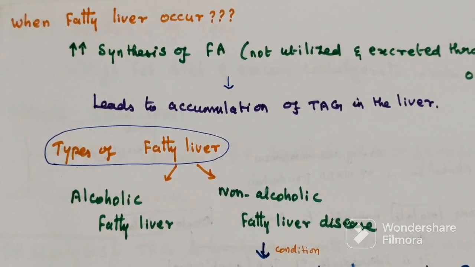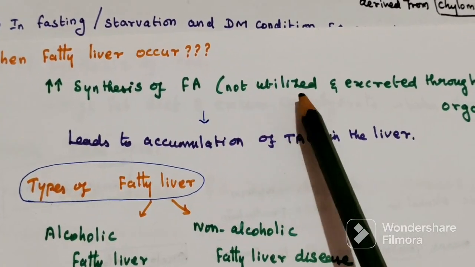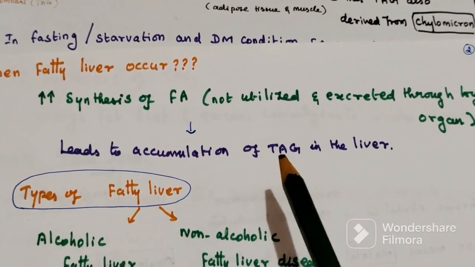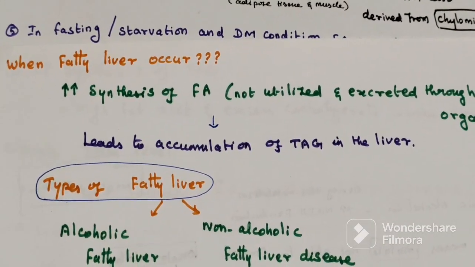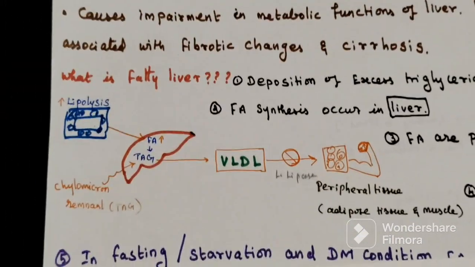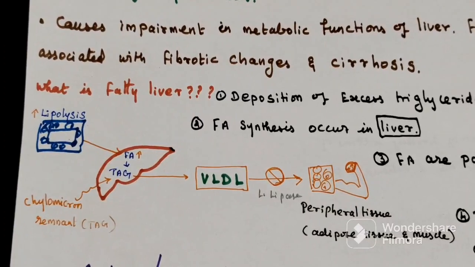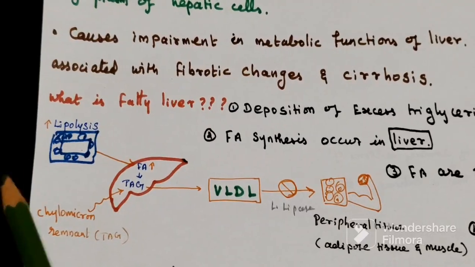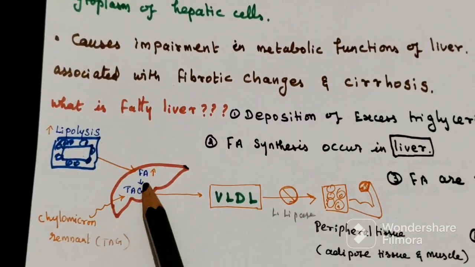Next, when does fatty liver occur? When there is increased synthesis of fatty acid that is not utilized or not excreted, it leads to accumulation of triacylglycerol in the liver. When will it happen? Whenever there is increased lipolysis, the breakdown of triacylglycerol, and more fatty acids are transported to the liver.